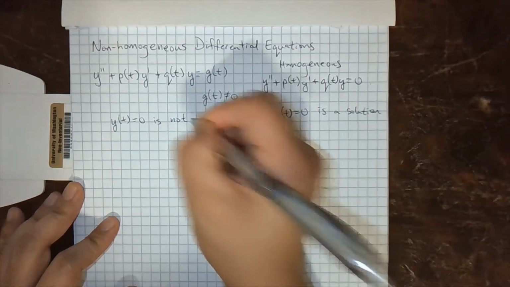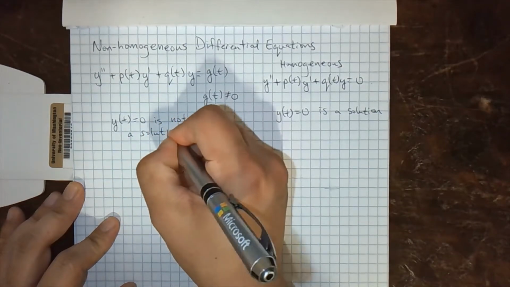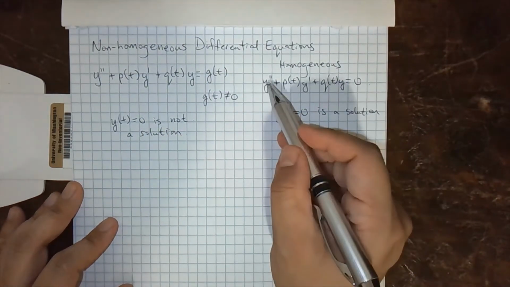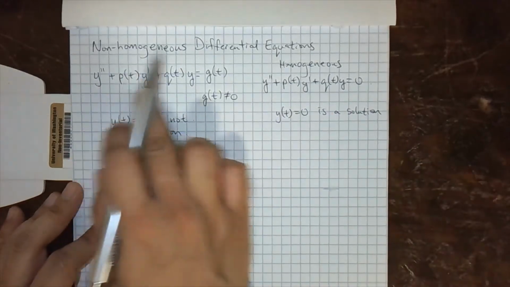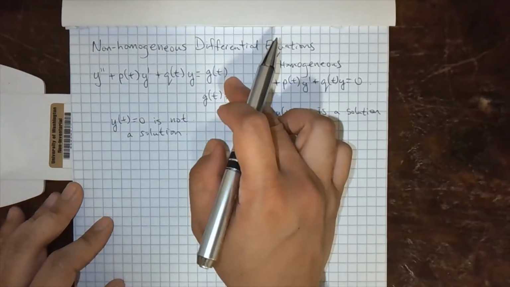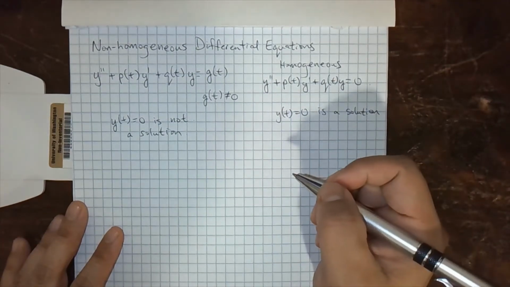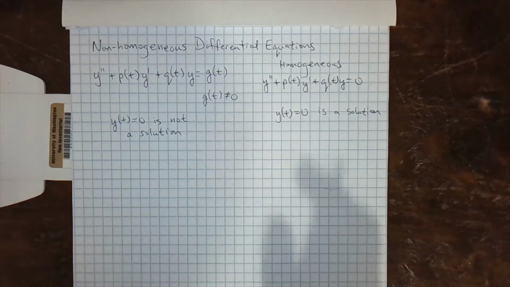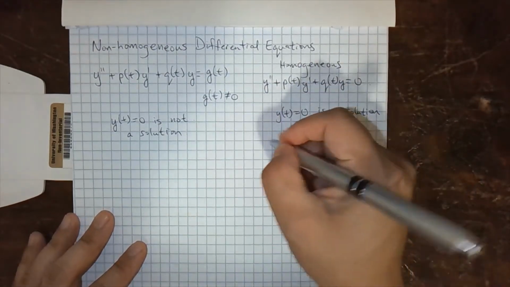And the reason for that is if you plugged y of t equals 0 into the left side, the derivative will also be 0, the double derivative will also be 0. So you get all zeros equals 0. Over here, you get 0 on the left, and g of t, which is not the zero function, on the right. So certainly not a solution. And then the other thing is taking linear combinations of solutions gives you another solution over here.